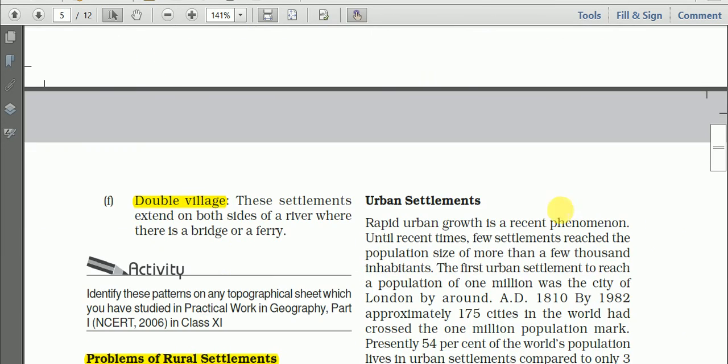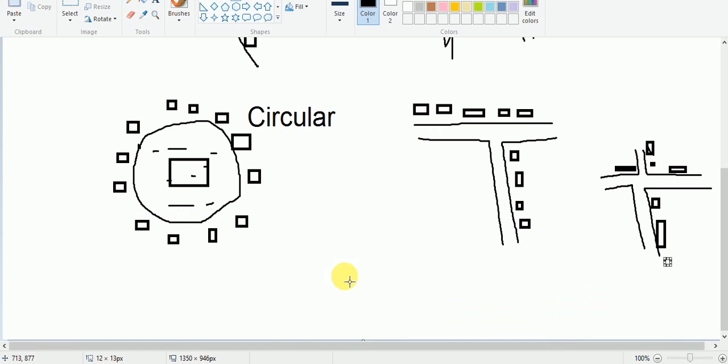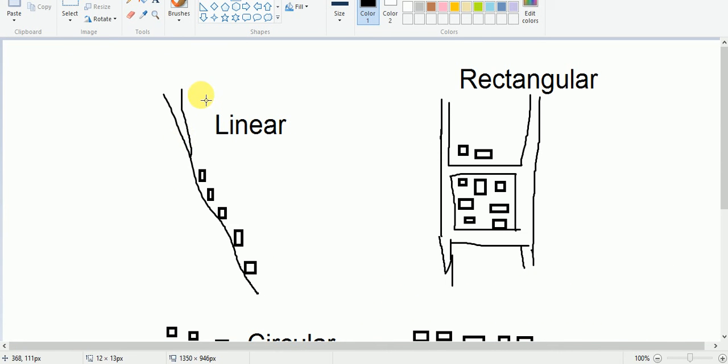And the last type or pattern is a double village. These settlements extend on both sides of a river where there is a bridge or a ferry. Let us see the previous example. See, linear. This is the case of linear.